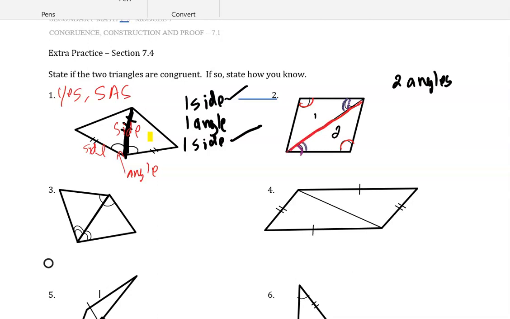This side is a side for both triangle number 1 and for triangle number 2. So basically it is congruent to itself. So we are also given one side. So we have 2 angles, 1 side. Notice how this works. We do not have the side in between these 2 angles. That is not marked. We don't know that those are congruent. So we have an angle, angle, and then we have our side. So this would be a yes, and it would be because of angle, angle, side. Okay.